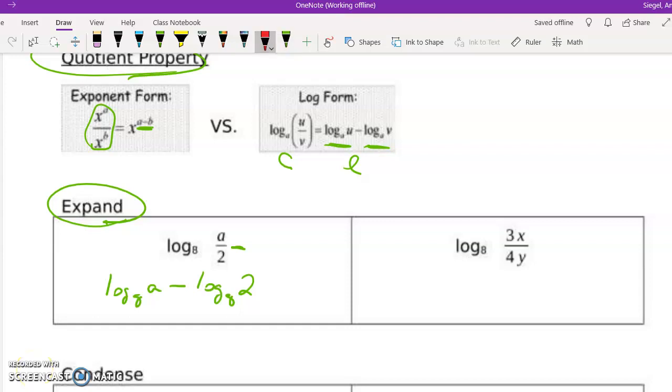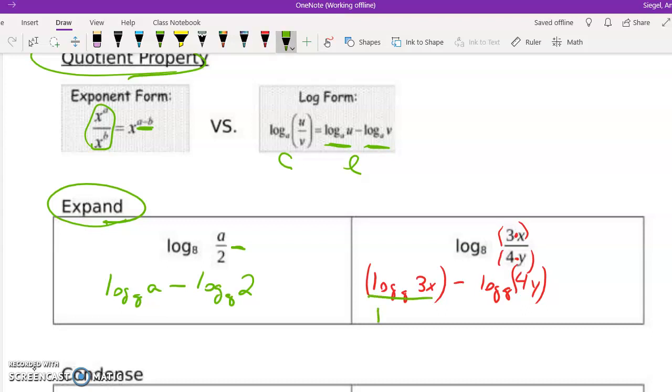Next one, think of this as like two separate pieces. So I'm going to do log base 8 of 3x minus log base 8 of 4y. Well, if you'll notice that these are connected with multiplication. So I need to go ahead and expand these more.